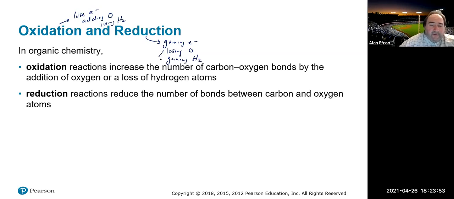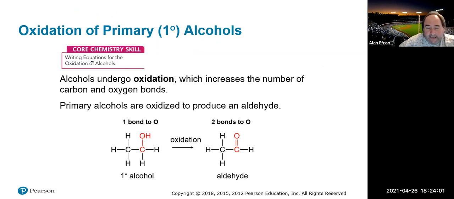In organic chemistry, we look at these definitions, the adding and losing of oxygen or hydrogen. And let's talk about what happens in an alcohol. It depends on the type of alcohol. In a primary alcohol, which is what this is, there's one carbon that has the OH group attached to it directly, and that is what makes it a primary carbon.